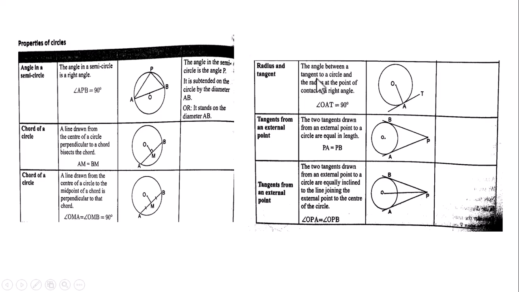The angle formed between a tangent to a circle, which is this line outside touching the circle at one point on the circumference, meets the radius, which is a line joining the center of the circle to the circumference. They make a right angle, 90 degrees. So this angle right here is 90. Let me mark it here. So this angle is 90, and this angle is also 90.